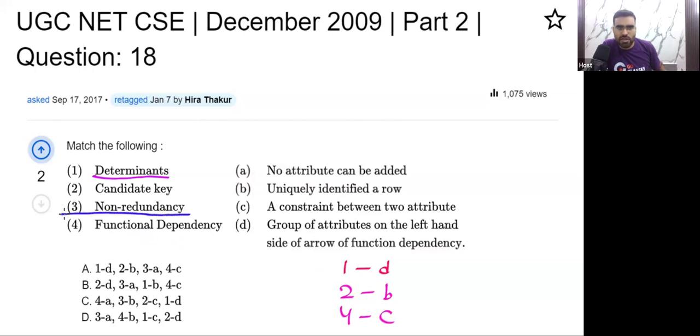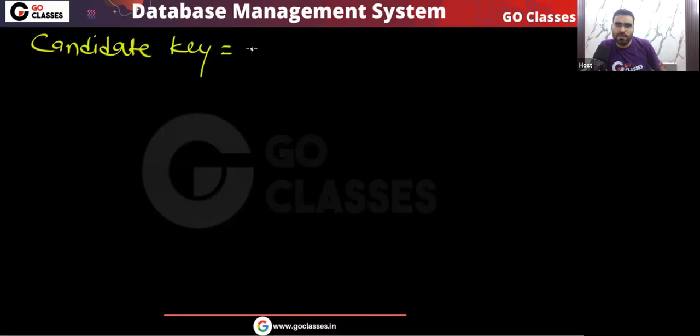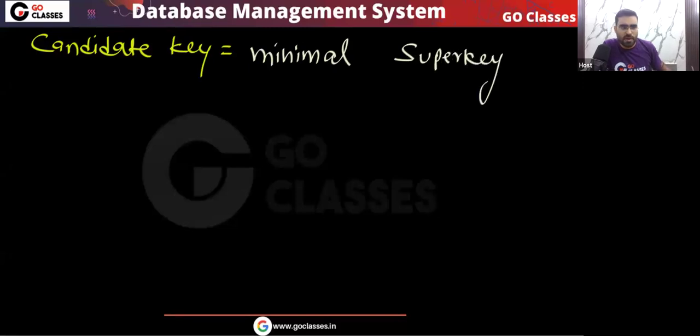Now let's see this third one. What is non-redundancy? Let me tell you. You already know the definition of candidate key. What is the definition of candidate key? Tell me. The definition of candidate key is a minimal super key. Yes or no? Now remember this super key. What does this imply?